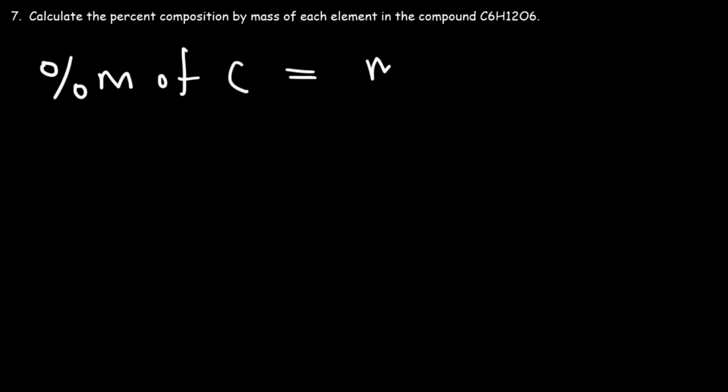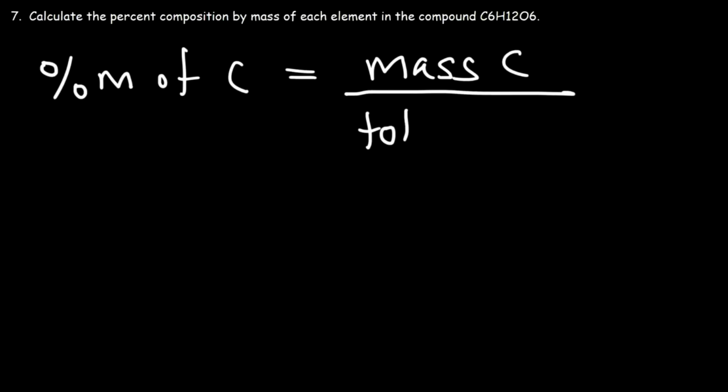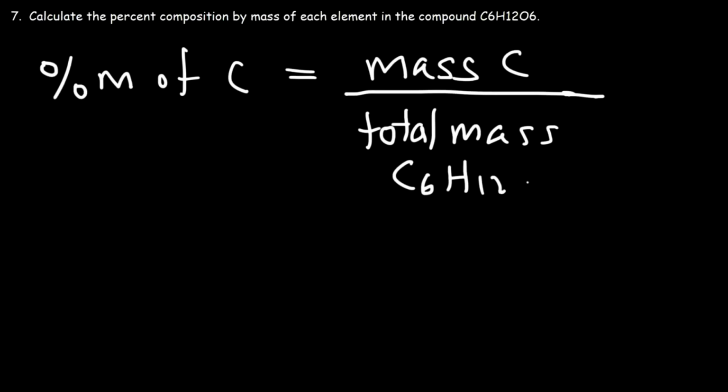What we need to do is take the mass of carbon, this could be just the molar mass of carbon, and divide it by the total mass, or the total molar mass, of the compound, which is C6H12O6. And then we're going to multiply that by 100%. And so that's how you find the mass percent of an element in a compound. It's just the mass of that element divided by the mass of the compound times 100%.